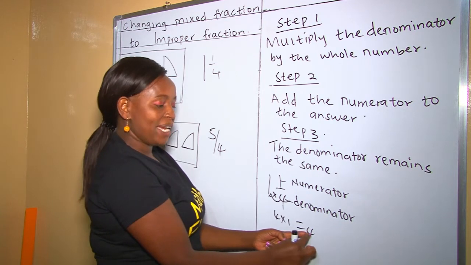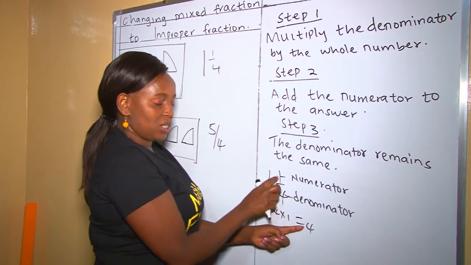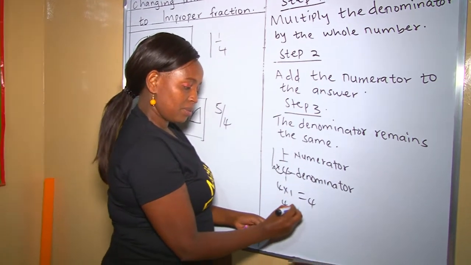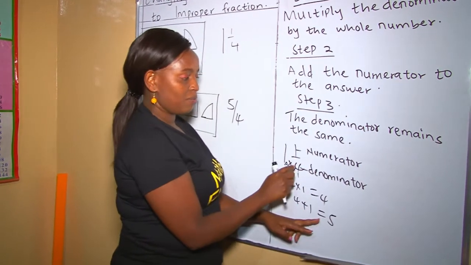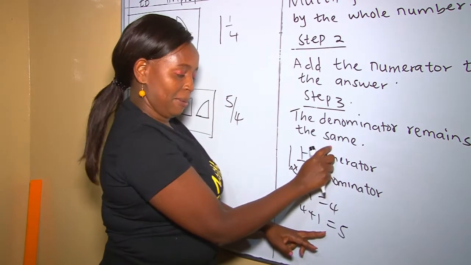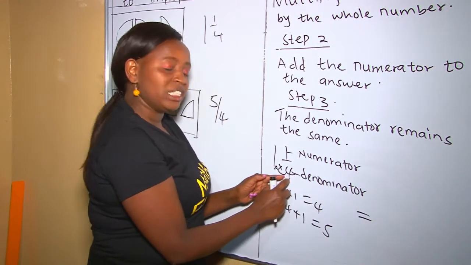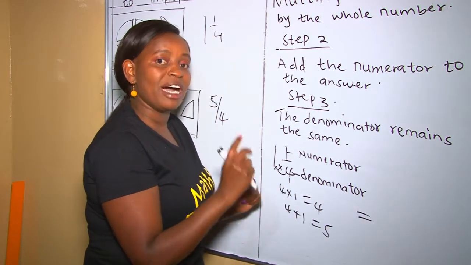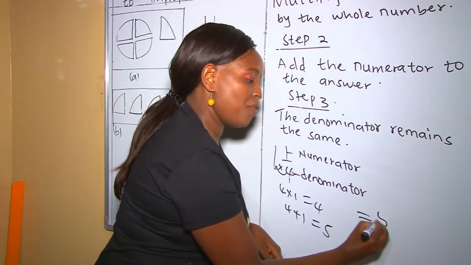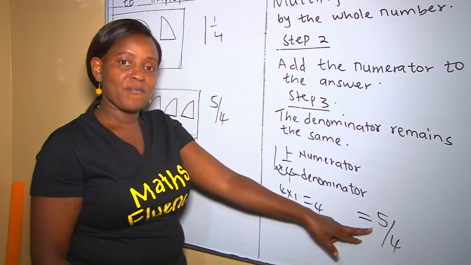So we are supposed to add our answer to the numerator, which is 1. 4 plus 1 is 5. Step 3 says the denominator remains the same. Meaning now, when it comes to writing our answer, our denominator shall remain the same as 4. So it shall be 5 over 4. And this is our improper fraction.